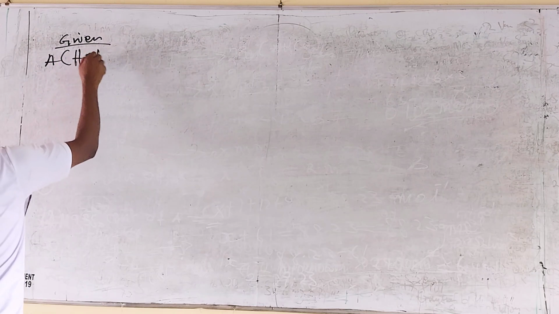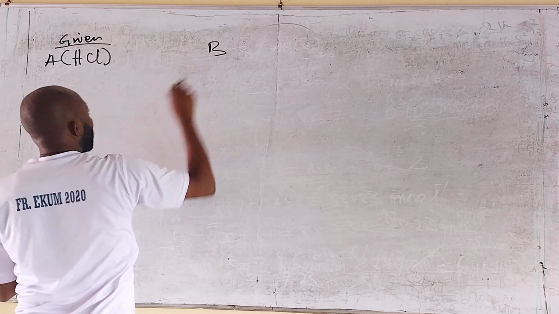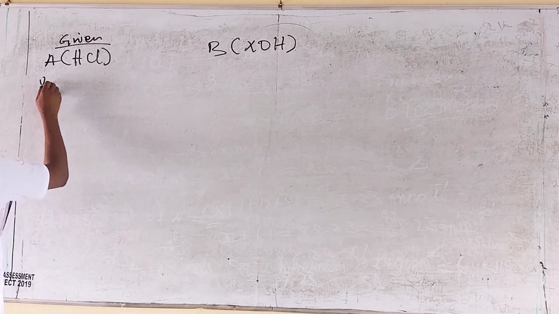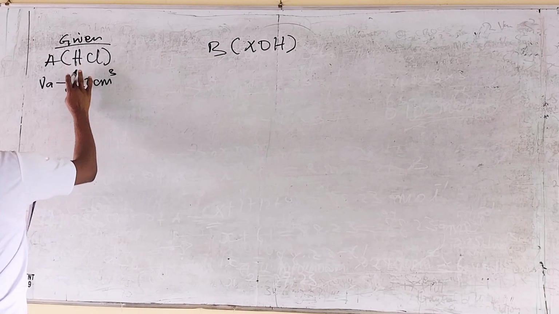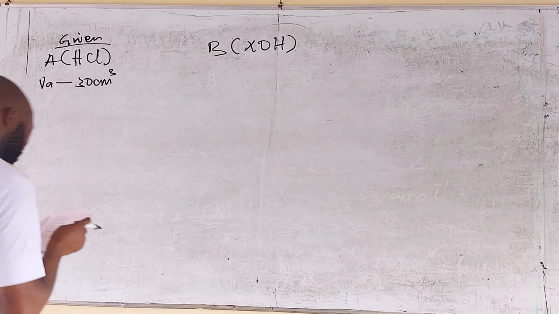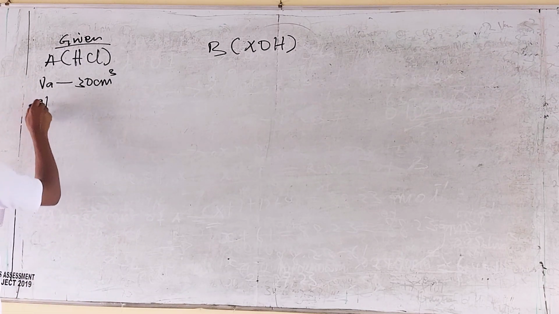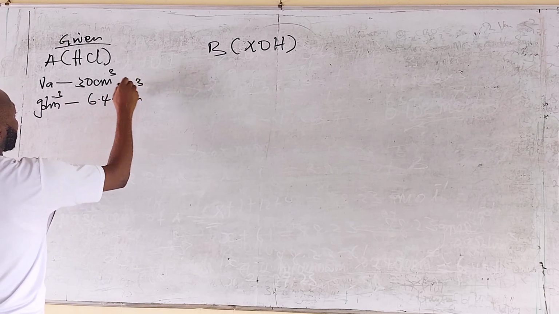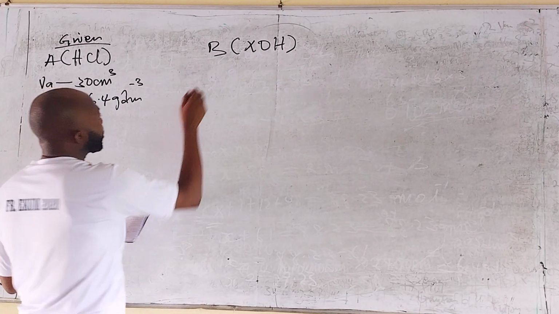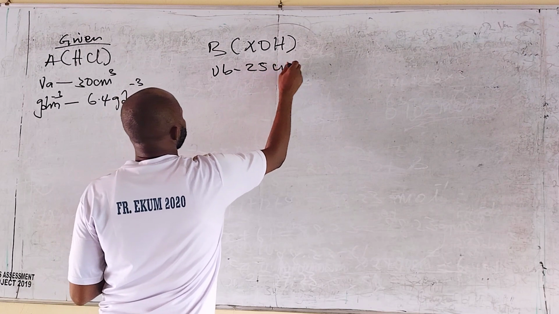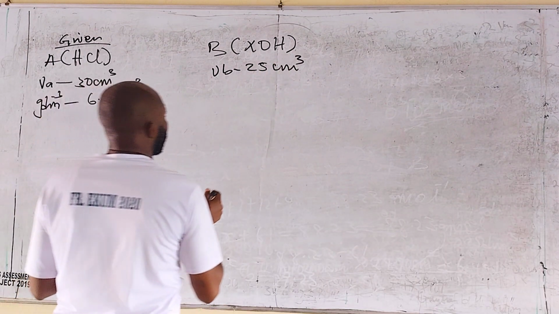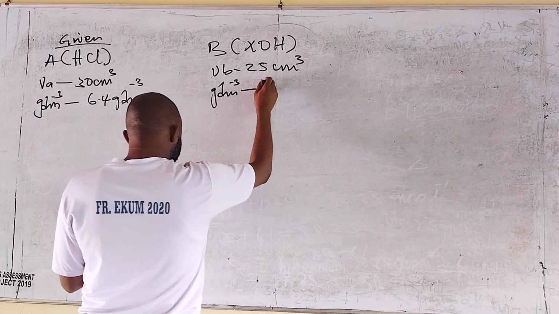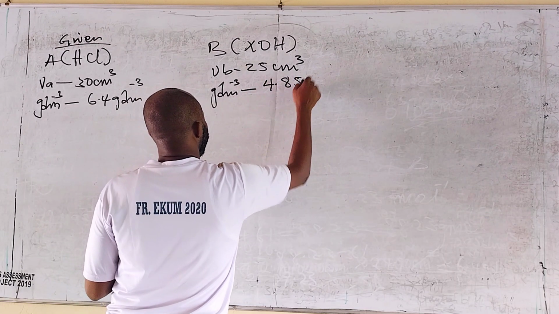A here is given to be HCl, and B is XOH. 30 cm cube of HCl, so the volume of the acid is 30 cm cube, of mass concentration 6.4 g/dm cube, the mass concentration of the acid, neutralizes 25 cm cube, the volume of the base is 25 cm cube, of an unknown alkali, XOH, whose concentration is 4.85 g/dm cube.